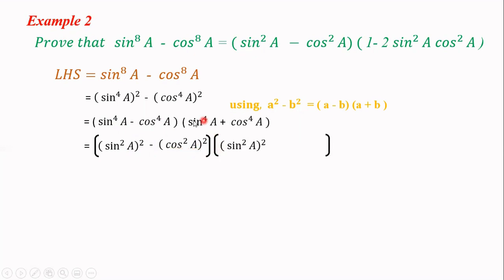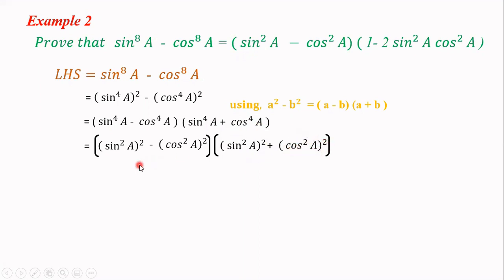Similarly, in the second bracket, sine to the power 4a is expressed as the square of sine square a plus cos to the power 4a, which is expressed as the square of cos square a.